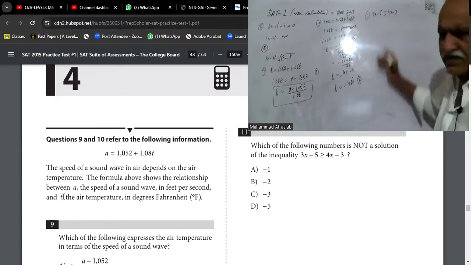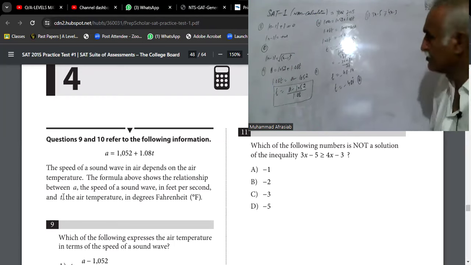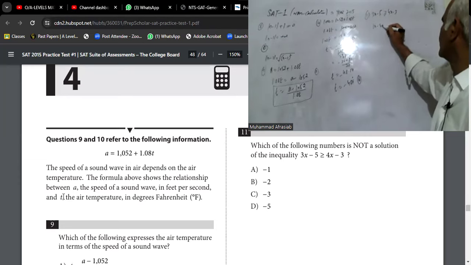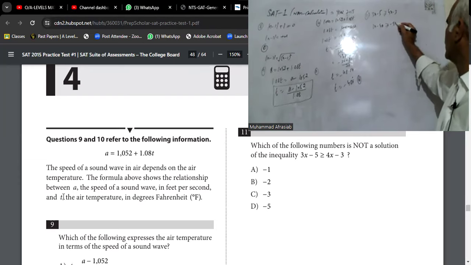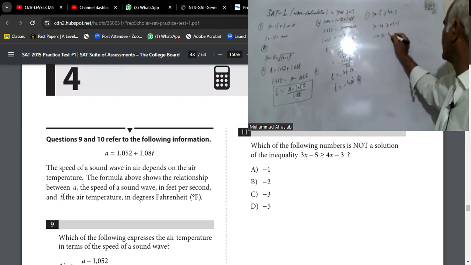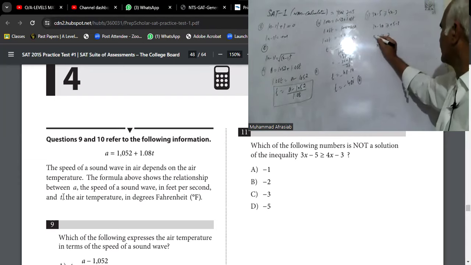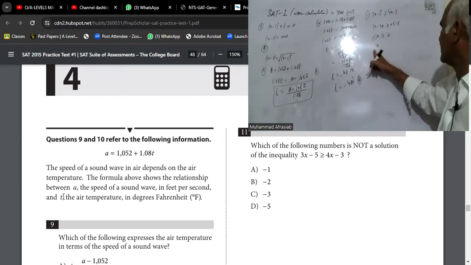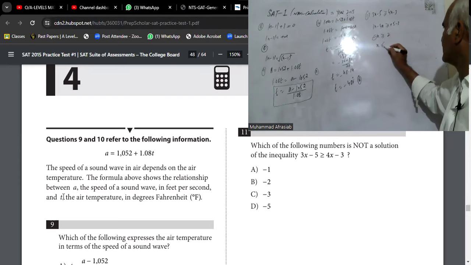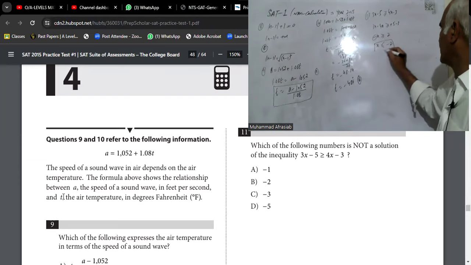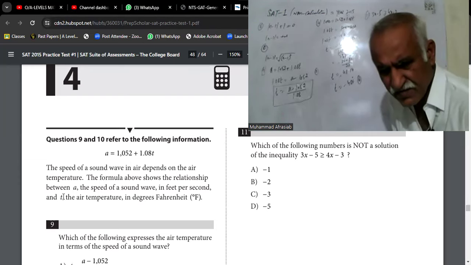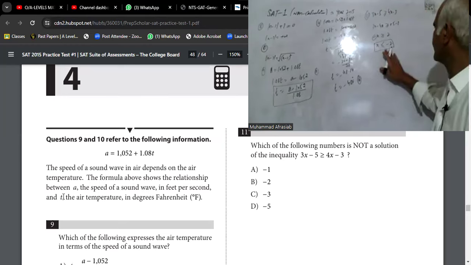So just shifting these inequalities to one side. So 3x minus 4x is greater than or equal to minus 3 plus 5, which becomes 2. So minus x is greater than or equal to 2, and this negative sign is going to move, so you divide by it, and greater than or equal to will become less than or equal to minus 2. So the solutions are less than or equal to minus 2.